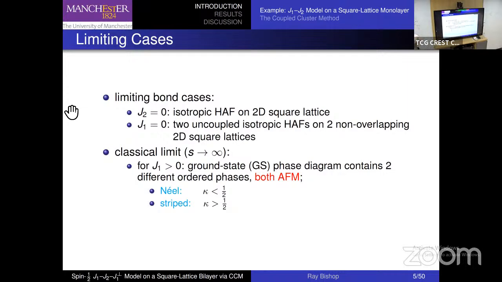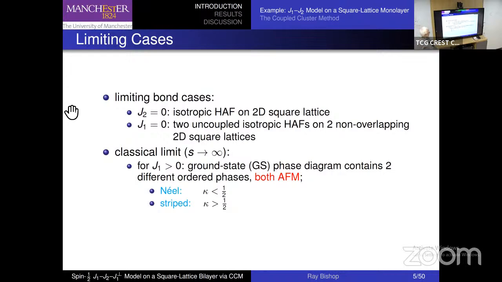For J1 positive, let's ask what happens. Well, when J2 is equal to 0, we have, at least classically, this pure Néel antiferromagnet, nearest neighbors anti-parallel.